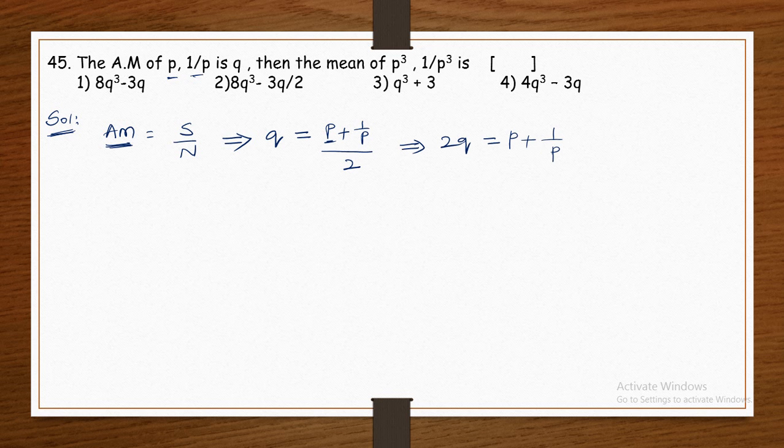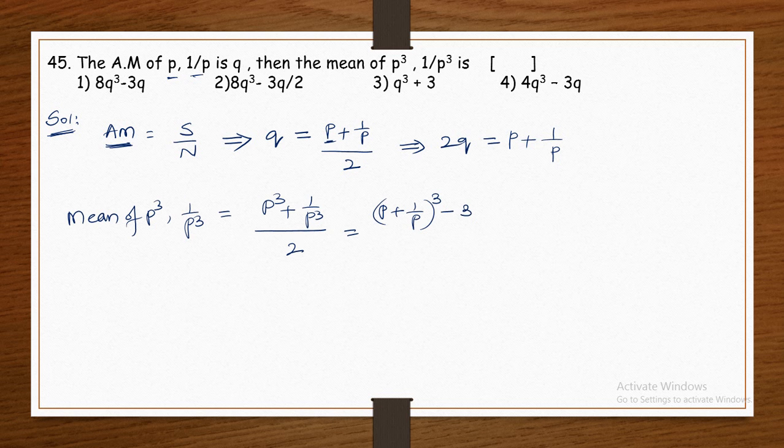Next, moving on to find the mean. So the mean of p cube comma 1 by p cube can be written as the sum of observations, p cube plus 1 by p cube, divided by 2. p cube plus 1 by p cube I can write as p plus 1 by p whole cube minus 3 times.